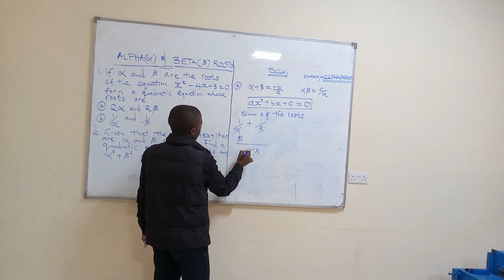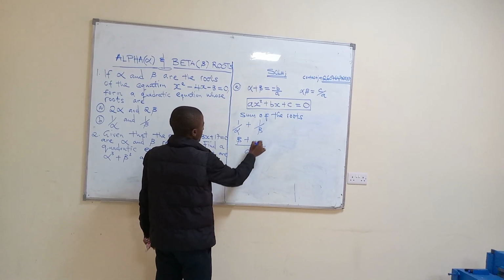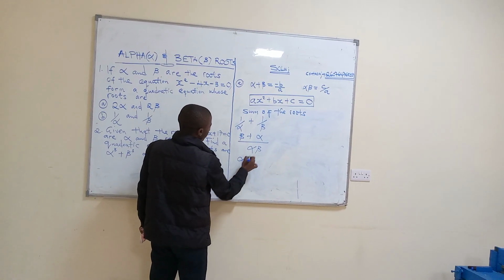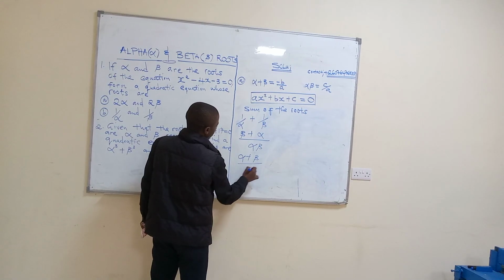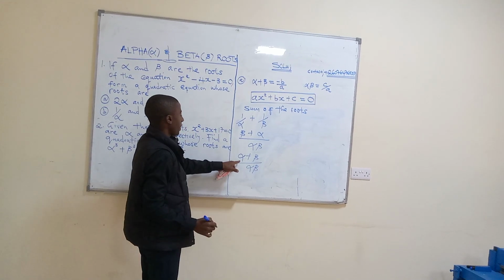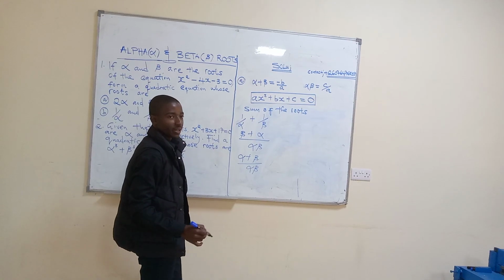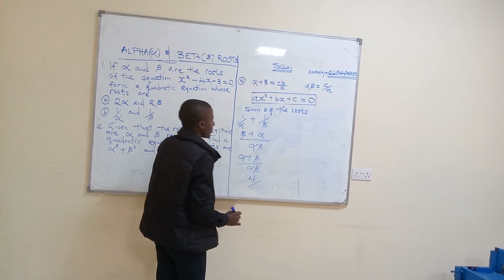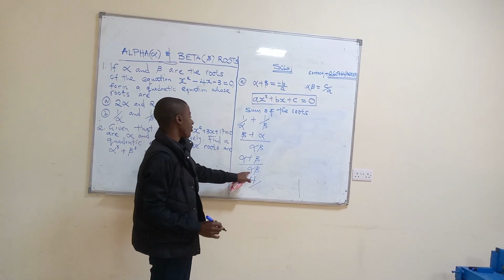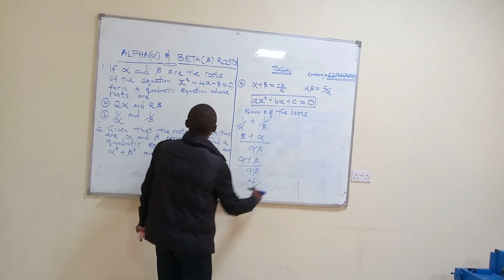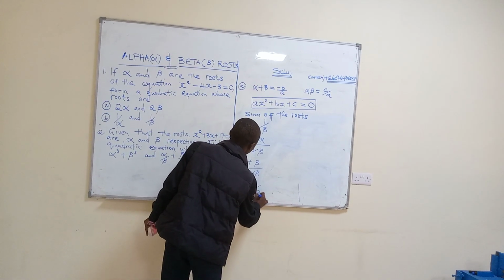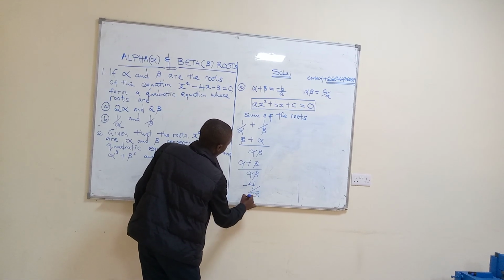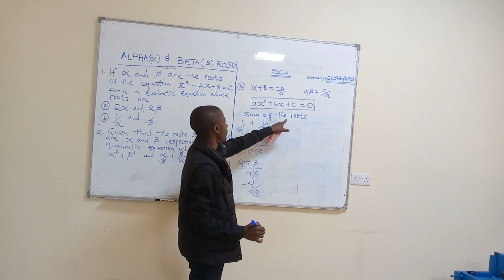Then beta into alpha beta, the betas cancel, and you multiply with alpha. This is the same thing as writing alpha plus beta over alpha beta. Alpha plus beta you calculated to be positive 4, so it's 4 over the value you calculated for alpha beta, which was negative 3. So your value is negative 4 over 3. That is the sum of the roots.